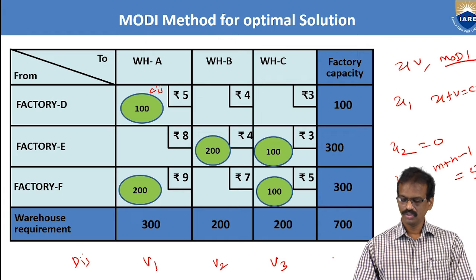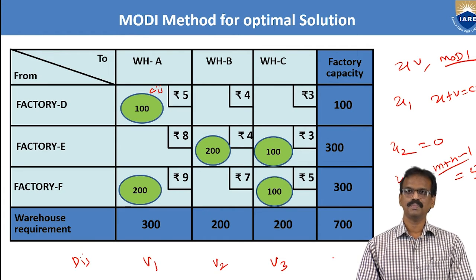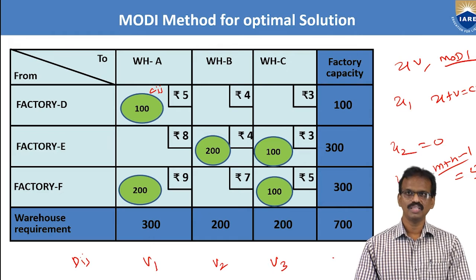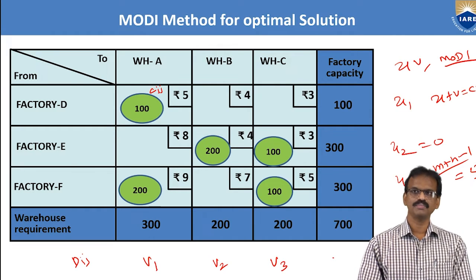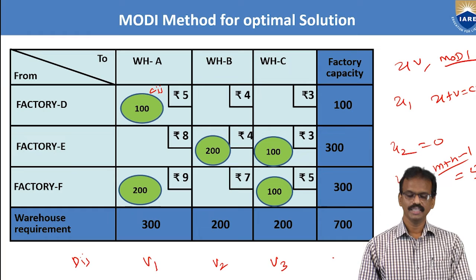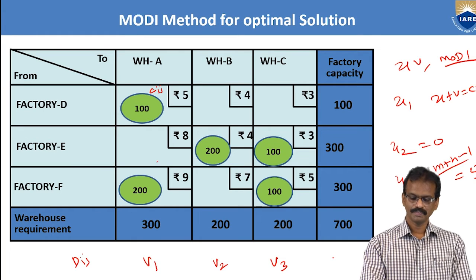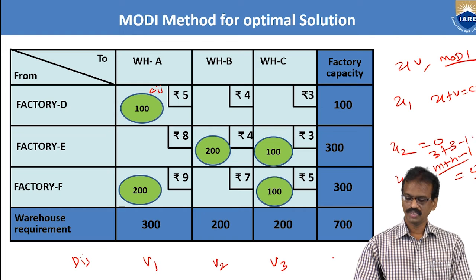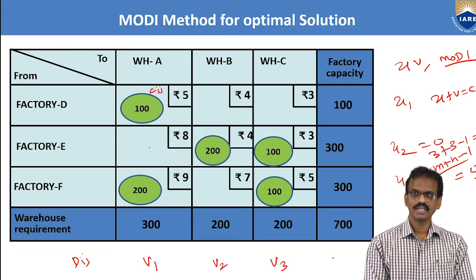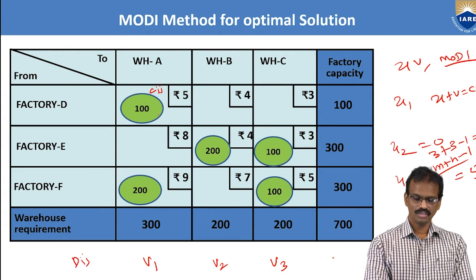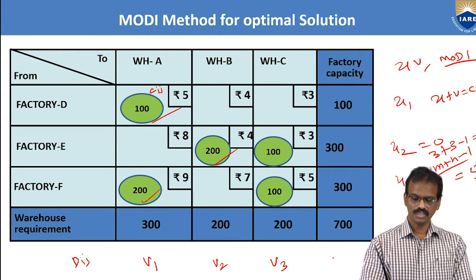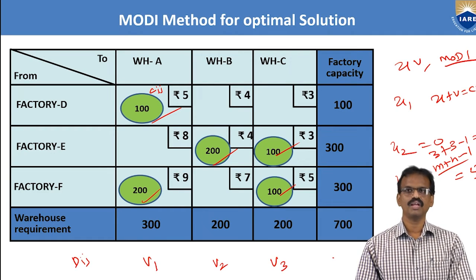So m is the number of columns and n is the number of rows. Here the number of columns is 3 and the number of rows is also 3. So 3 plus 3 minus 1 is equal to 5, which is the number of allocated cells.